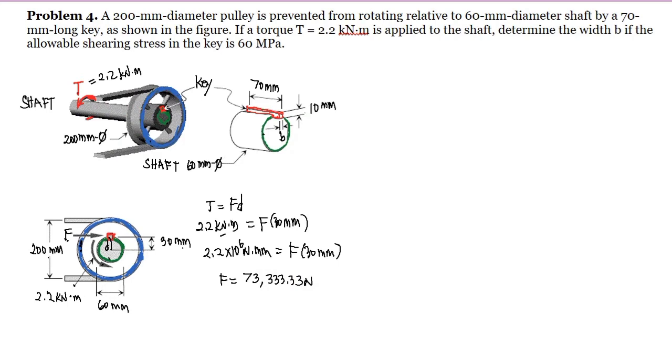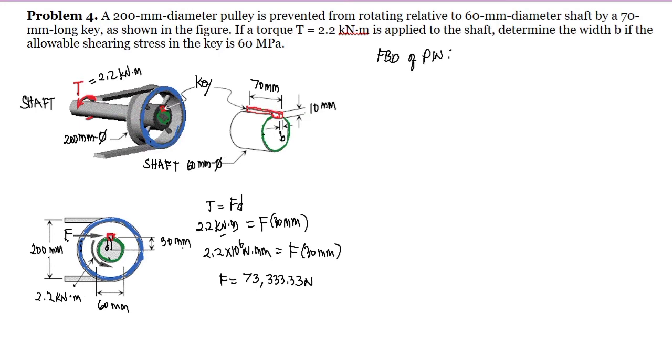So, if we are going to draw the free body diagram of the key, we isolate it. We isolate this part here.